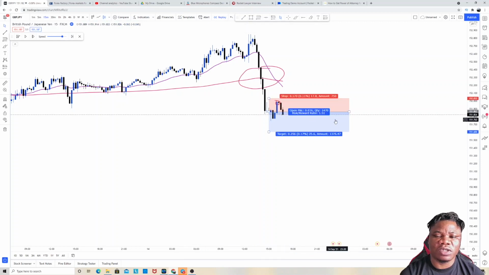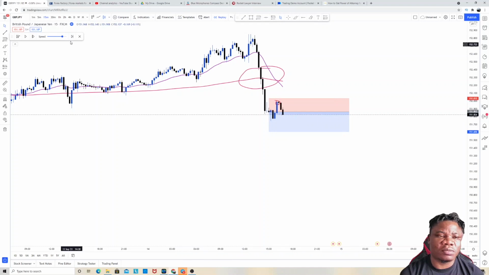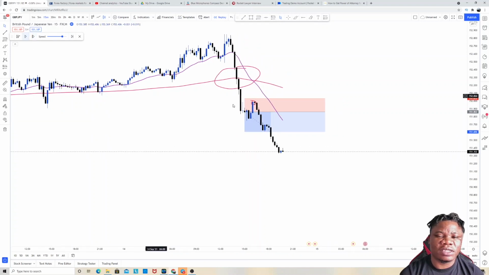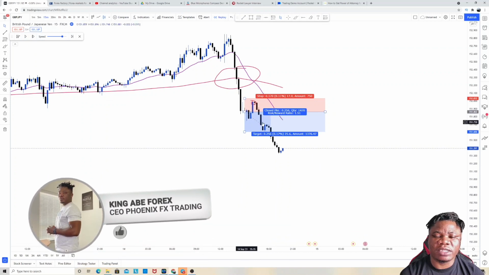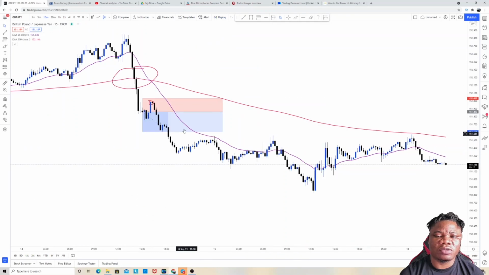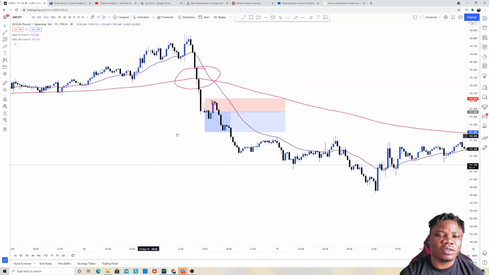Now let's take a look and see how this trade played out. Right there, we got our take profit smashed for 25 pips, stop loss 17 pips, risk to reward ratio 1 to 5.